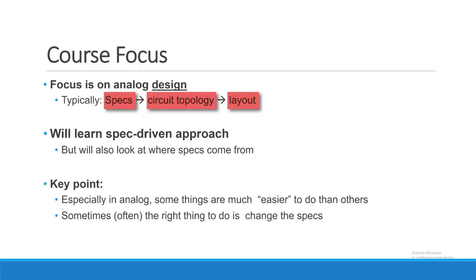Because especially in analog, and this is true in design in general, there are some things that are much easier to do than others. And by easier, I mean lower power, or less design time, or lower area, or any number of other metrics.